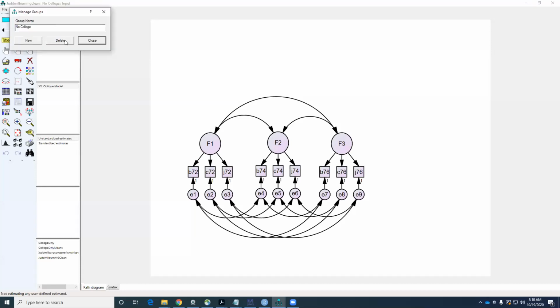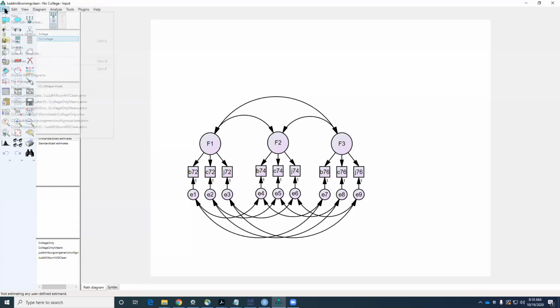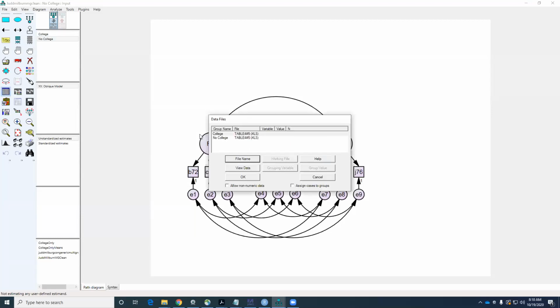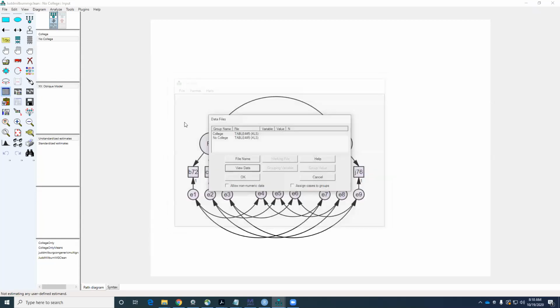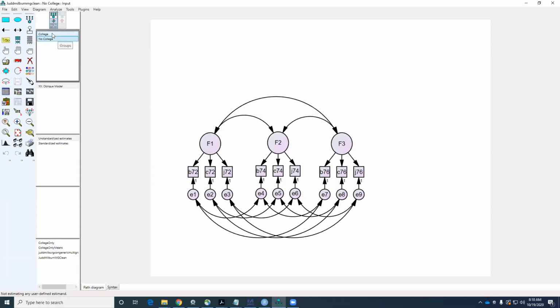So if, for example, I come in and take a look at my data files, there's a college group and a no college group. And these are summary statistics. I can open them up in Excel and show them to you, or you can open them up. I've sent them all to you. And you can either put them in separate files or inside of your data set if you have a variable that says males and females.